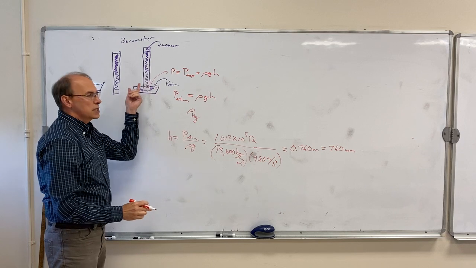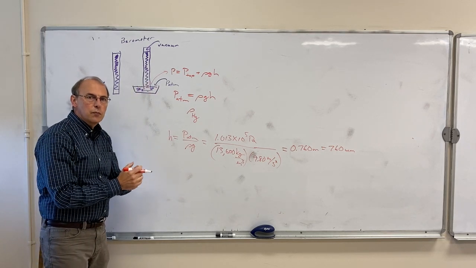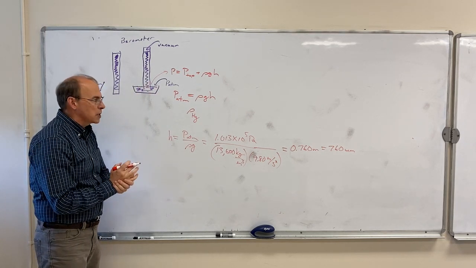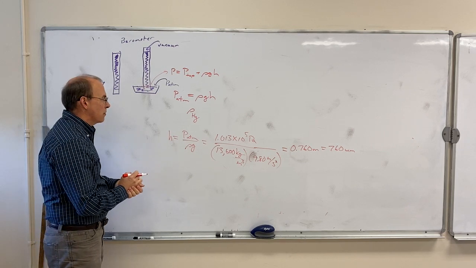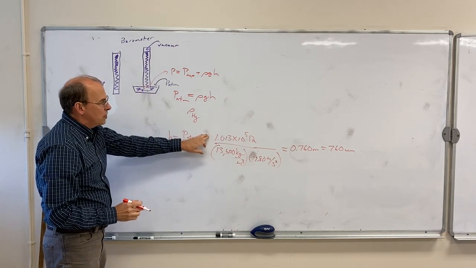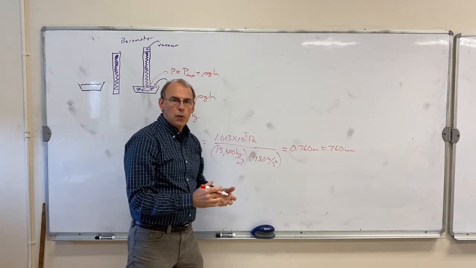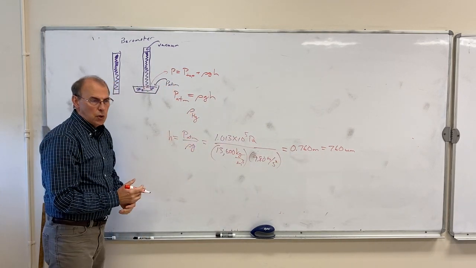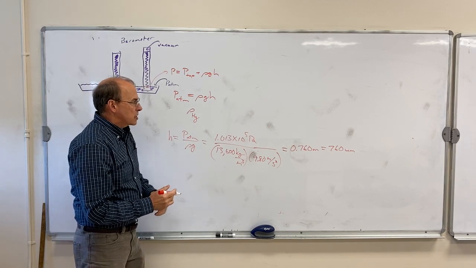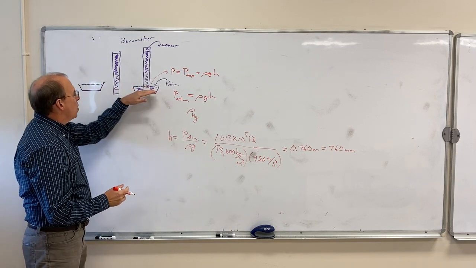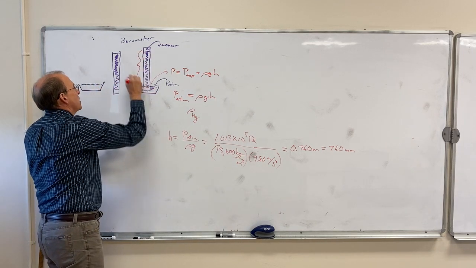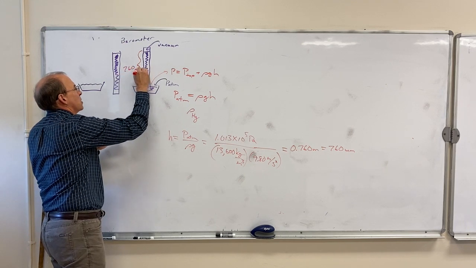Millimeters of what? 760 millimeters of mercury, which some of you in other classes have probably heard of. In fact, one standard atmosphere is 760 millimeters of mercury. That's where that comes from. And so a standard atmosphere is the pressure that can hold up a column of mercury that is 760 millimeters high.